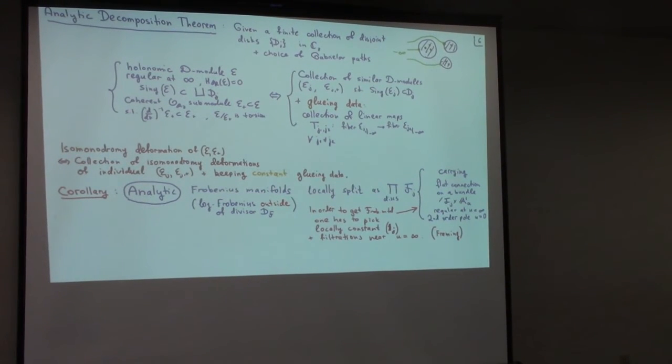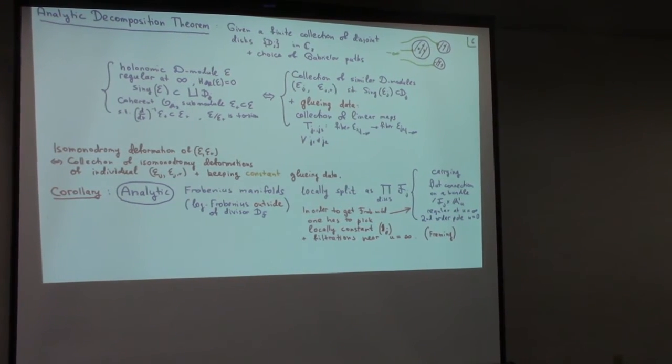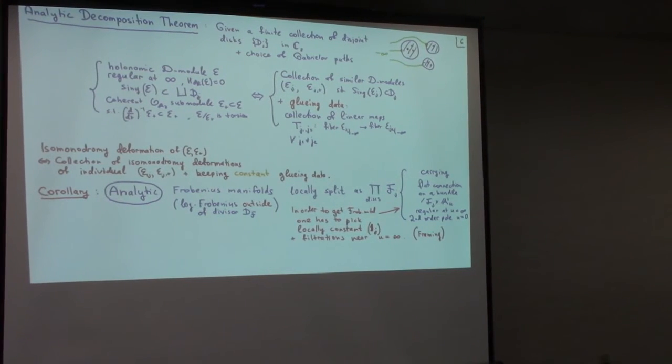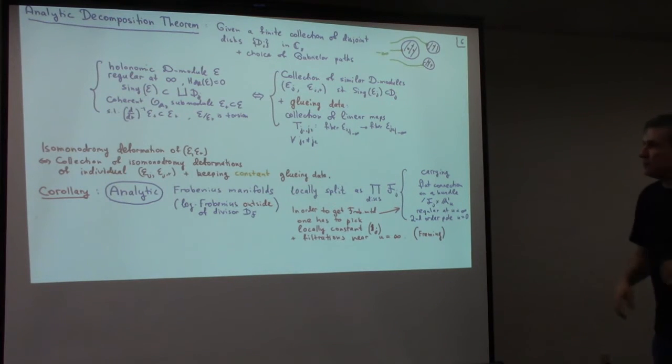Now, if I analyze isomonodromic deformation of these pairs, when I have a bundle with connection in some parameter space, not necessarily a Frobenius manifold, then I get isomonodromic deformations, and one can analyze what's going on. I have just a collection of isomonodromic deformations of individual local pieces, but the gluing data is kept constant in the story. It's kind of the Stokes deformation.